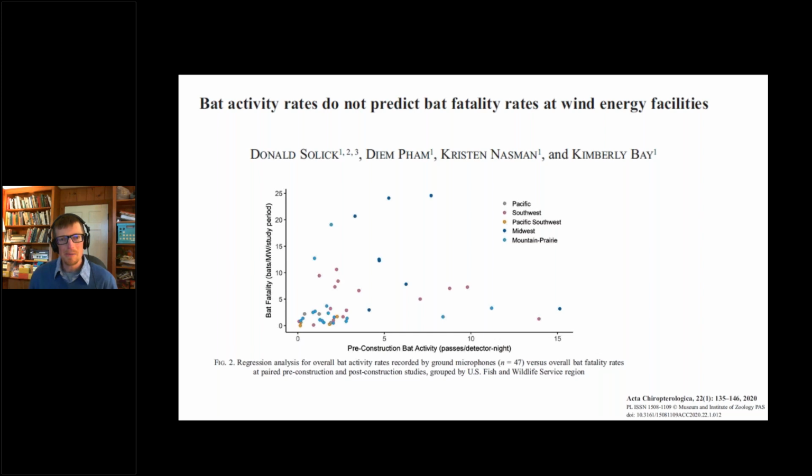So there are other aspects of risk and fatality patterns at wind energy facilities that acoustics actually predicts very well. For example, the seasonal signal of when you find your fatalities concentrated in the late summer and the fall is actually predicted very closely with the seasonal patterns measured in most passive acoustic surveys.